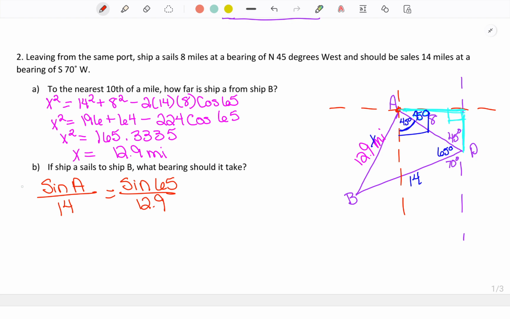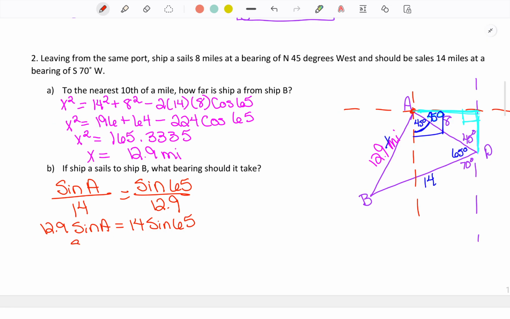So we'll cross multiply, so 12.9 times sine A will equal 14 times sine 65. And so we'll divide by 12.9. And that gives us the sine of A as 0.9836. So yes, it will work.